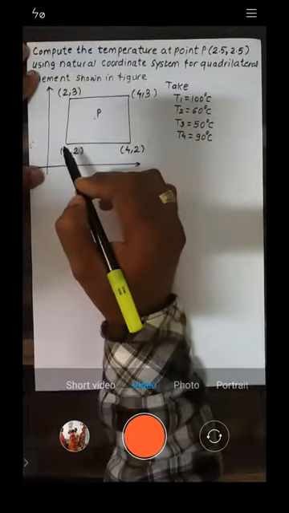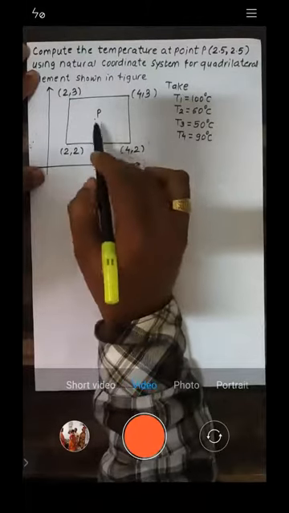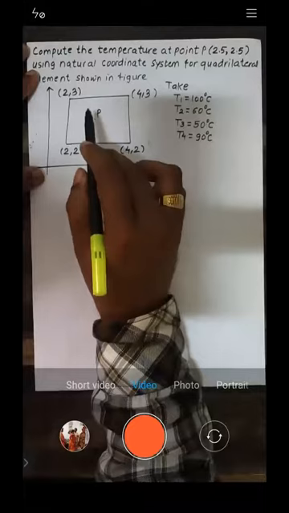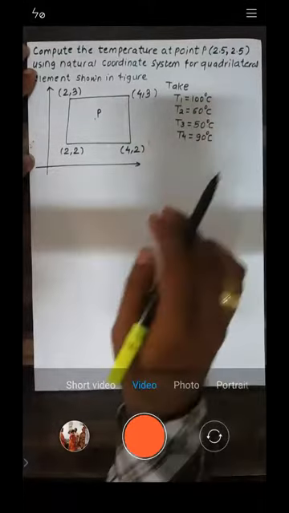They have given the temperature at every node, and they're asking to calculate the temperature at point P, whose X coordinate is 2.5 and Y coordinate is also 2.5, right? Have you got the problem? Now we need to solve this problem.